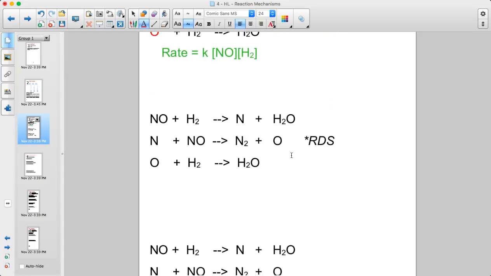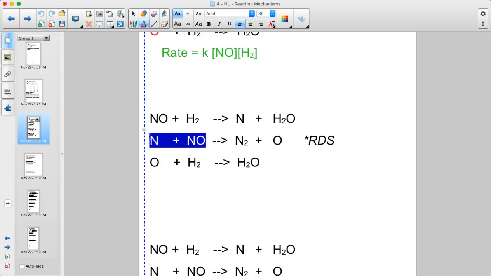In this case, it's the exact same mechanism, but now the rate determining step is the second step, which means we're going to look at this equation. So these things matter. The rate determining step would involve NO and N, because those are the two things in the rate determining step. Those are the only two things that really matter for the rate. However, we can't have an intermediate in our rate expression.